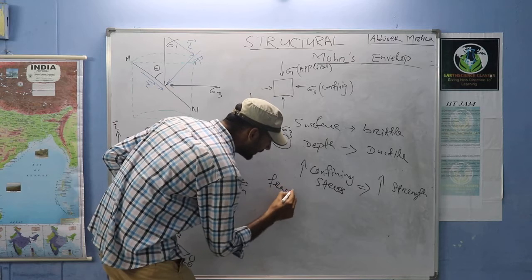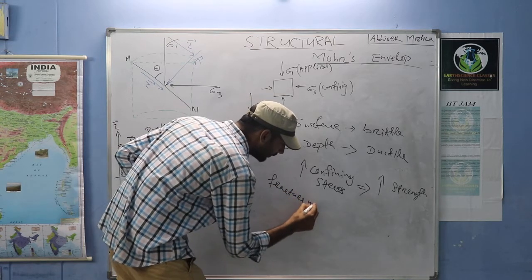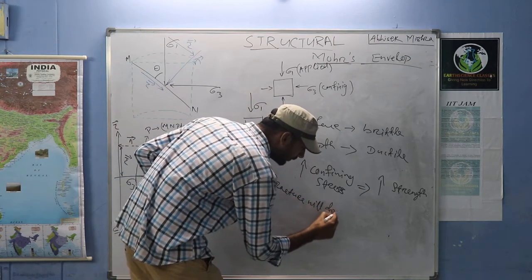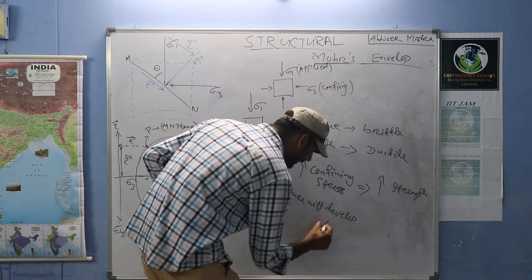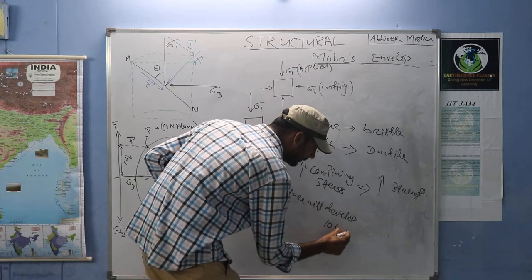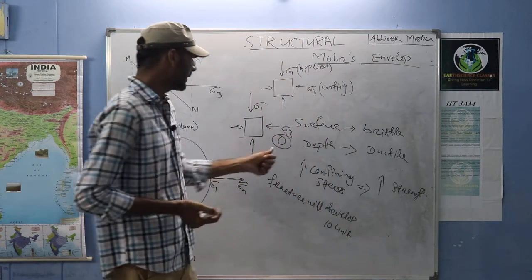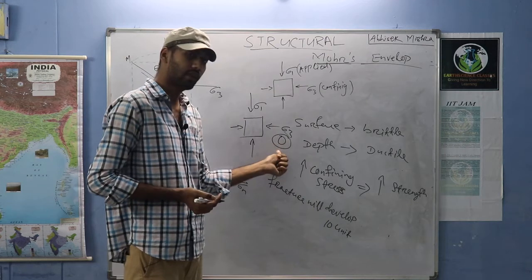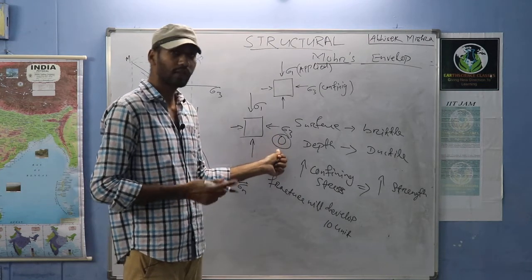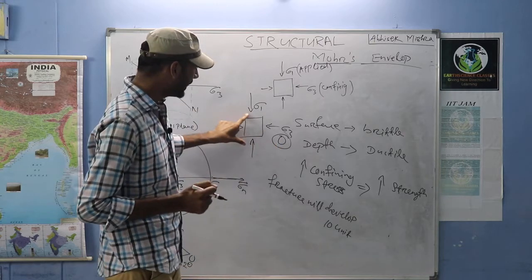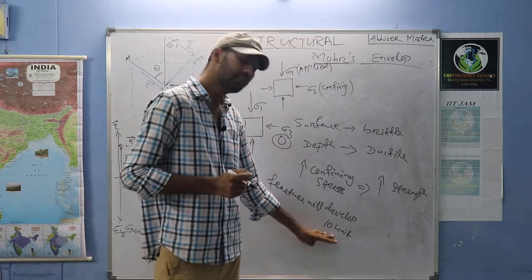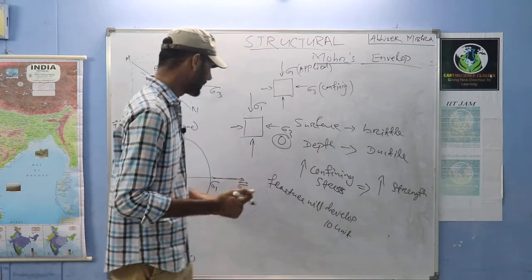Let's say fracture will develop at 10 unit, when confining stress is 0 unit, 0 unit of stress. If that is 0 unit, the material will rupture at 10 unit, let's say for example.